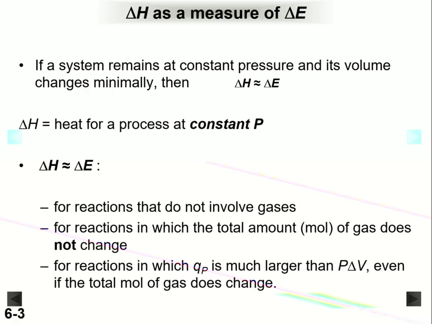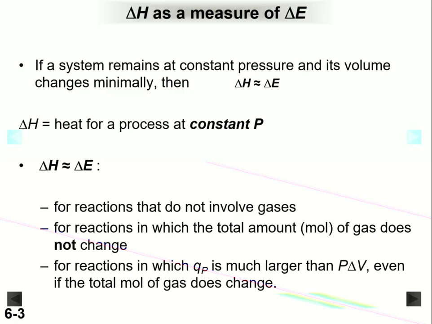Now, enthalpy and internal energy are approximately the same number for reactions that don't involve gases, for reactions in which the total amount of gas doesn't change, and for reactions where the gas can change, but Q sub P is much larger than P delta V. So delta H and delta E turn out to have very important relationships, and we can think of them in many chemical instances as being approximately equal to one another.